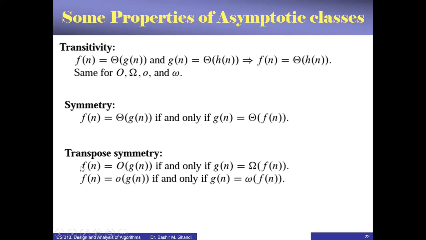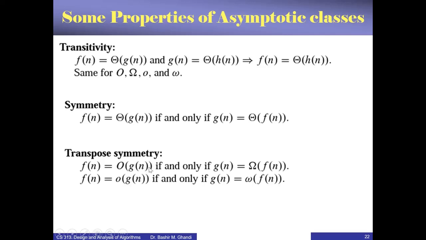Now this transpose symmetry is also true in the case of little o. Fn is strictly less than Gn if and only if Gn is strictly greater than, little omega, of Fn.